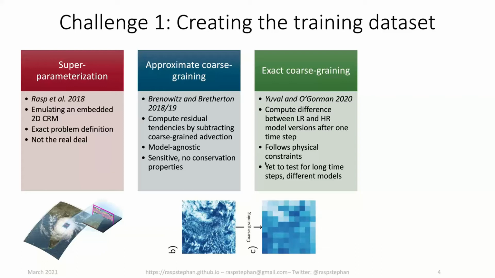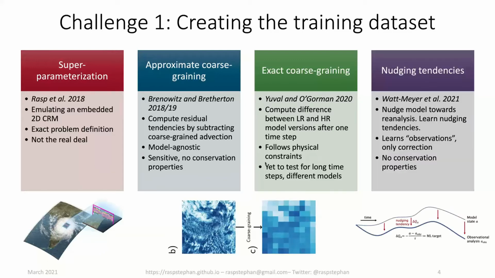Now, learning from three-dimensional cloud resolving models is great, but what we really want is to get closer to observations. And so one approach for this just came out beginning of this year. The idea here is you run a training simulation where you nudge your model towards a reanalysis, so an observational reanalysis data set.